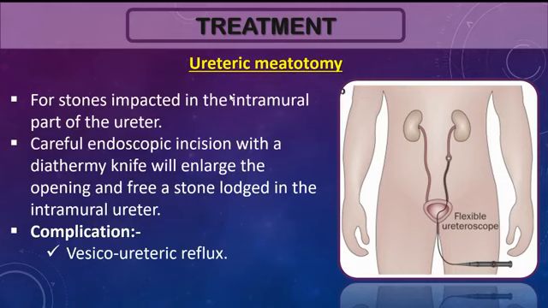So whenever you make an incision there, that constriction mechanism may be disrupted. Subsequently, whenever the patient voids and intravesical pressure is raised, some urine may enter back into the ureter, which is called vesico-ureteric reflux. It may develop.